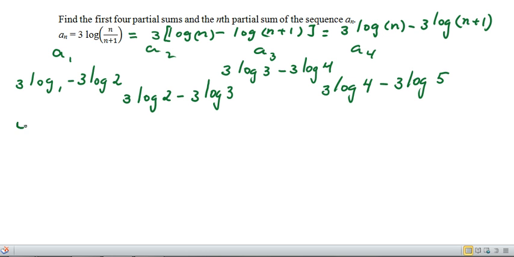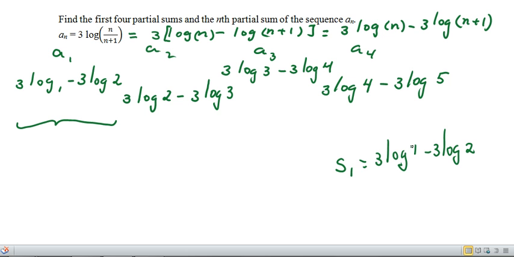So, S sub 1 is the same as A sub 1. So our S sub 1 equals 3 common log of 1, which is 0, minus 3 log 2.